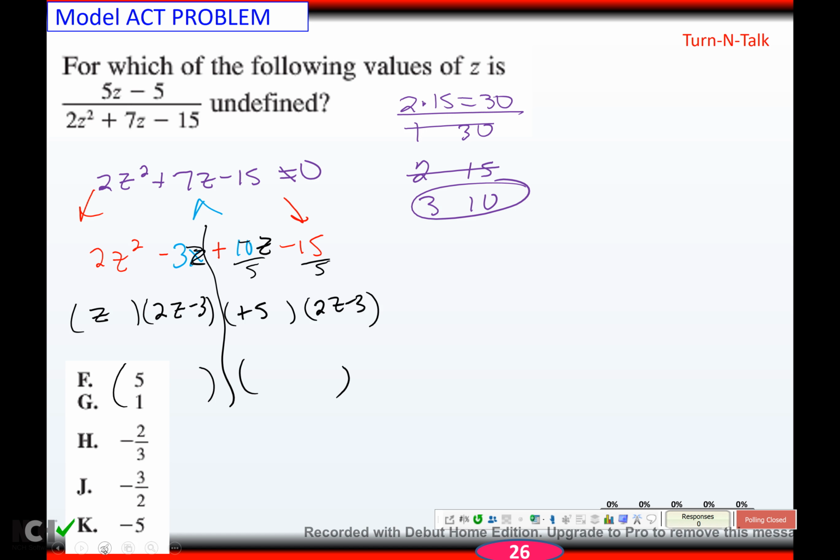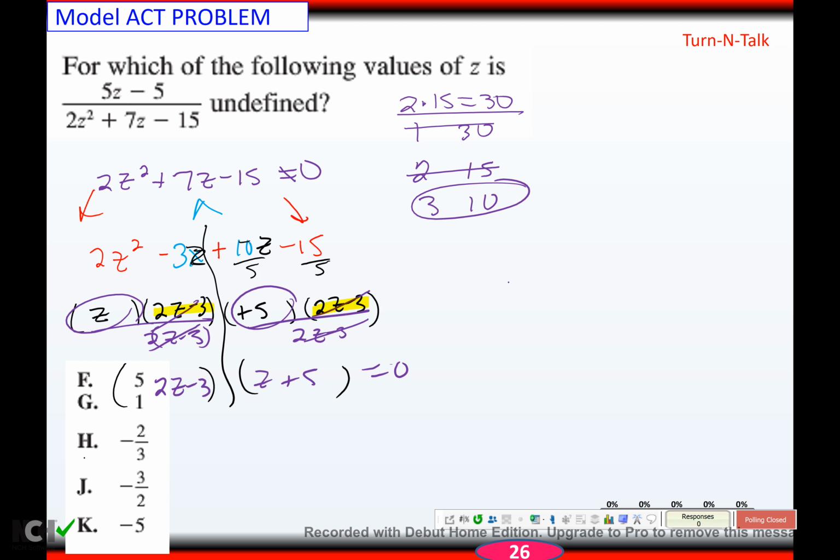And like I said earlier, at this point, if you don't have a matching binomial, you did something wrong or it's prime to begin with. So what I'm going to do then is factor out, sorry. So my common binomial is 2z minus 3. If I divide out 2z minus 3, I'm left with z plus 5.